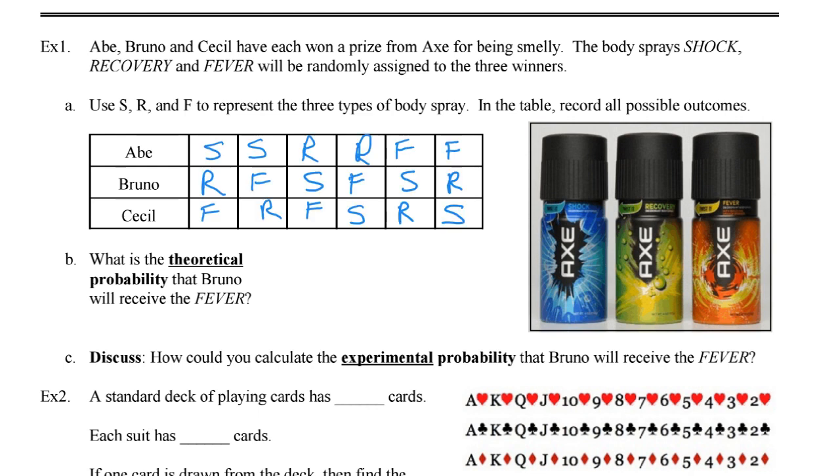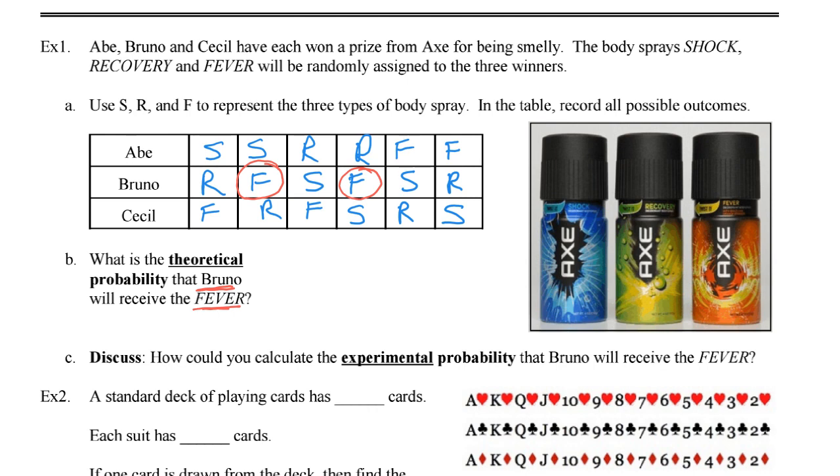So after giving out all this stuff to Abe, Bruno, and Cecil, this is what we have for the distribution of all of the Axe sprays. Now, I could ask you, by looking at the overall thing here, what is the probability that Bruno will receive fever? So Bruno receives fever body spray here and here.